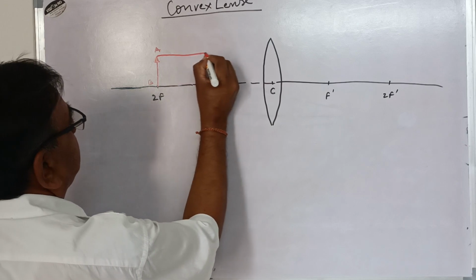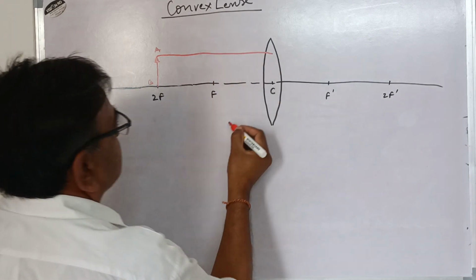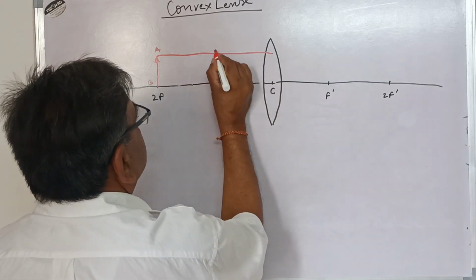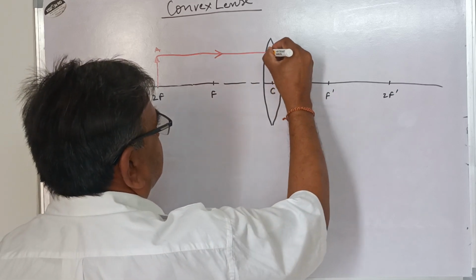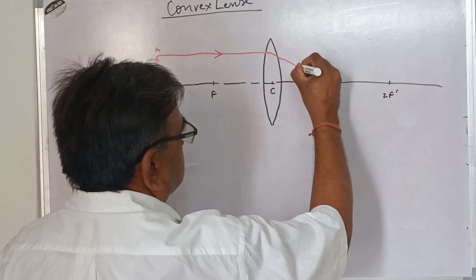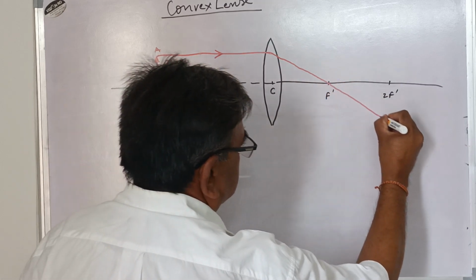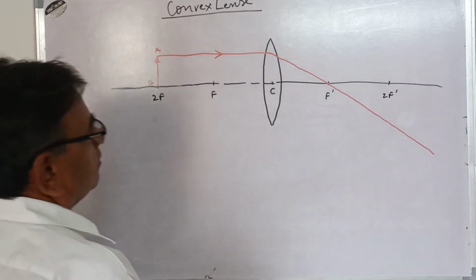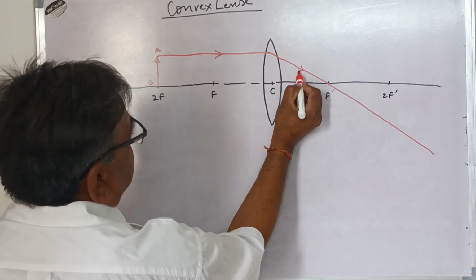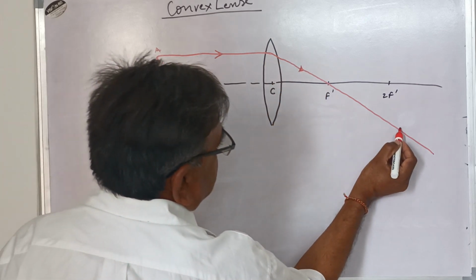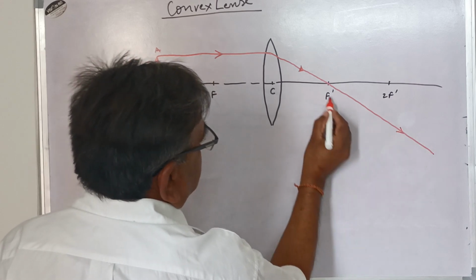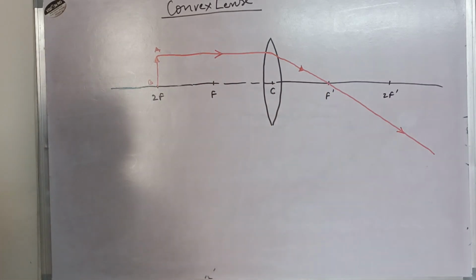Take a ray parallel to principal axis. So an incident ray parallel to principal axis after refraction goes from focus. When it emerges from the lens, it follows this path, okay? Goes from the focus.